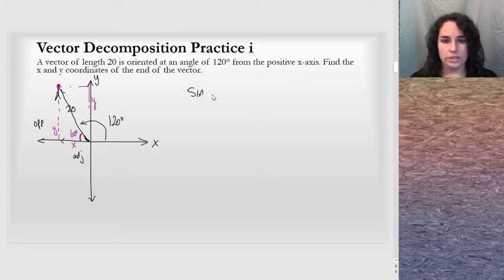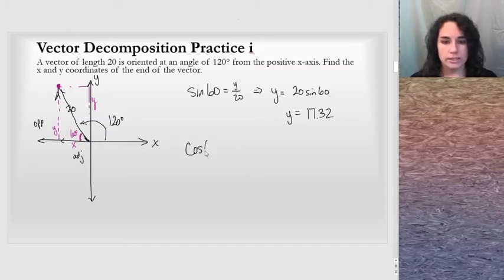So for instance, if I say sine 60 equals the opposite over the hypotenuse, so y over 20, I would get y equals 20 sine 60. So the y component in here is going to be 17.32. I can do the same with the x.